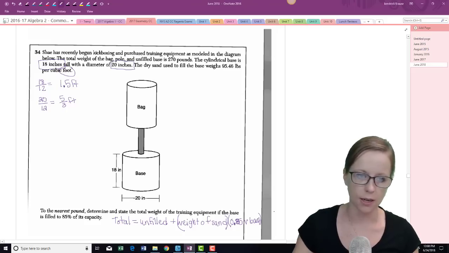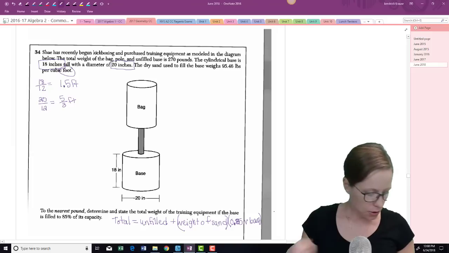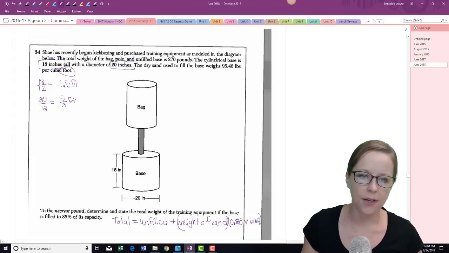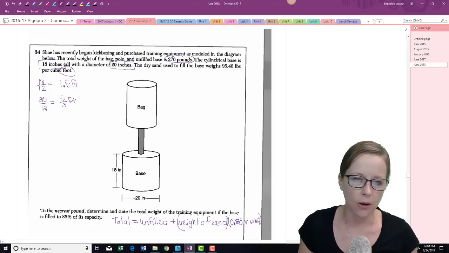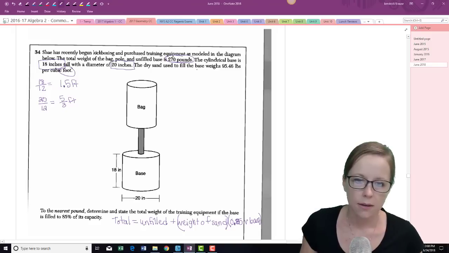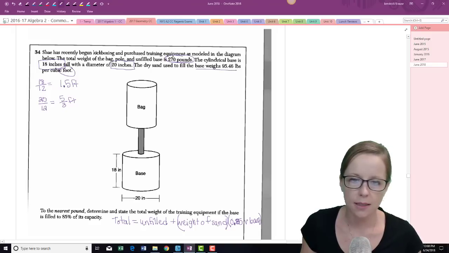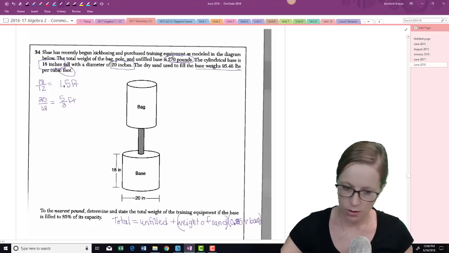Sorry, my notation is not great there. So we know that the unfilled is 270 pounds. We now have to figure out the volume of the base filled with sand, right?